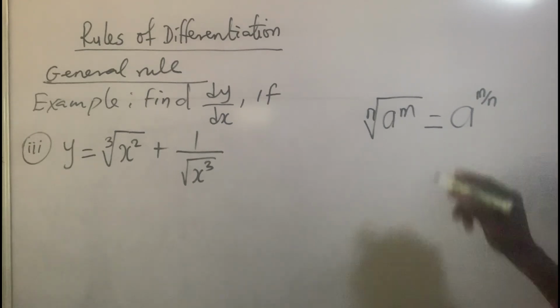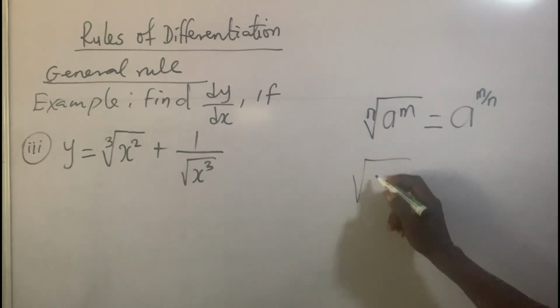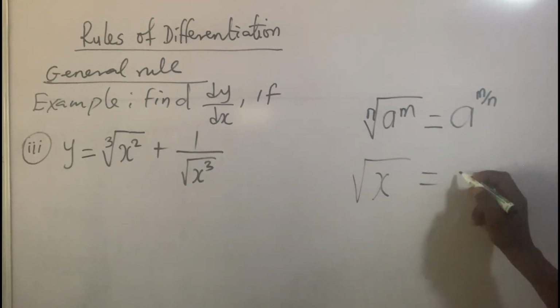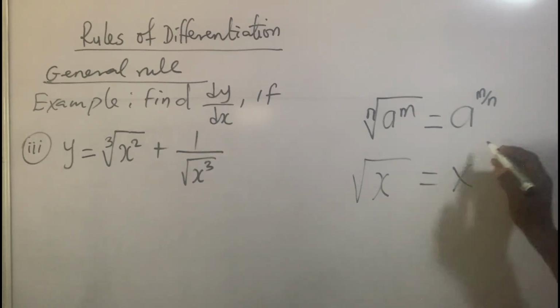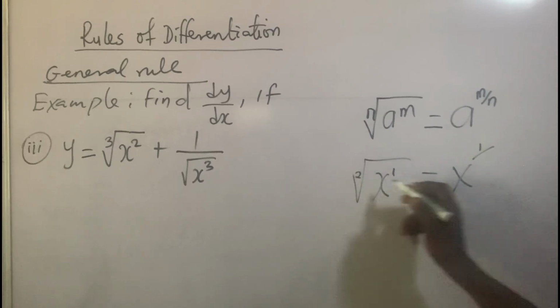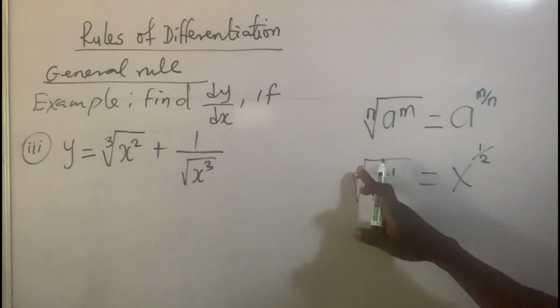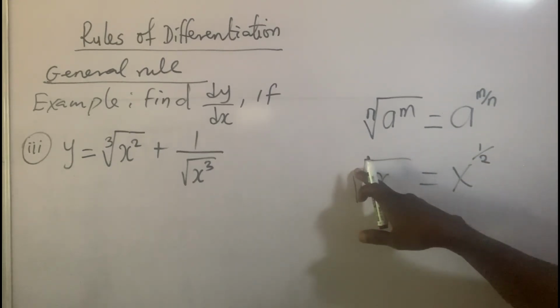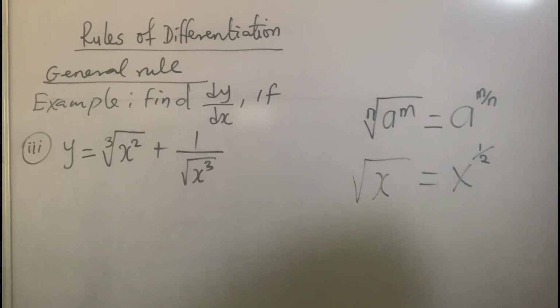So if I have, for instance, square root of x, this will be equal to x raised to power 1 over 2, the power of x here is 1, over the root, which is 2 for square root. So the power over the root, m over n, that's how you eliminate the root.